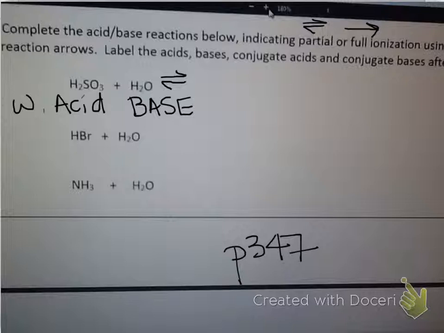All right, now it's time to put our thinking caps on. Can we remember what we've talked about with acids and bases? We're going to be looking at Bronsted-Lowry acids and bases. According to the Bronsted definitions, acids are proton donors, which means they lose a proton. So if this compound loses H+, it'll be HSO3.